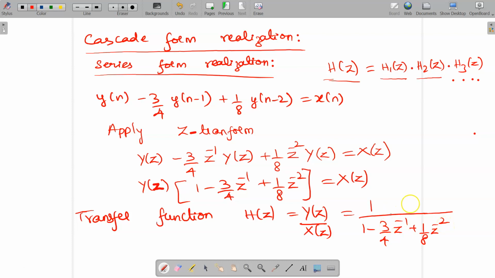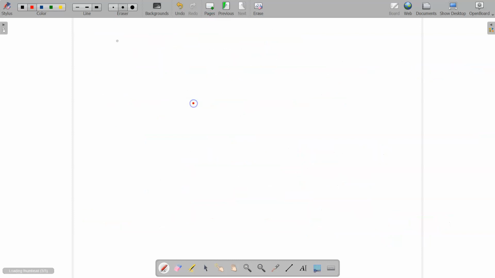Next step, we split this H of z into multiple sub-transfer functions. The highest power term here is z power minus 2, so we can factorize the denominator and find two factors. H of z is 1 by 1 minus 3 by 4 z inverse plus 1 by 8 z power minus 2.